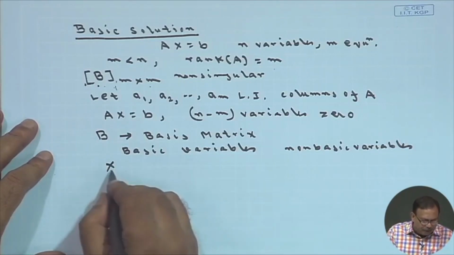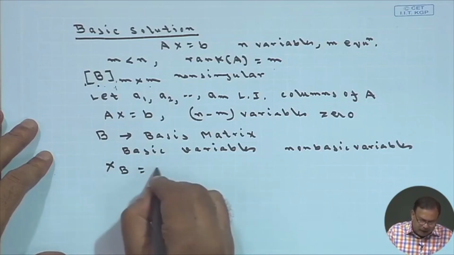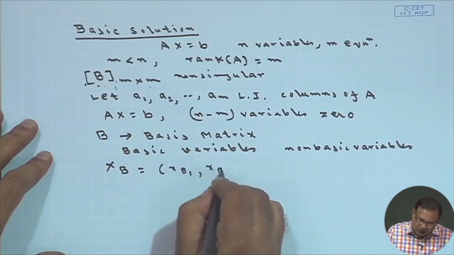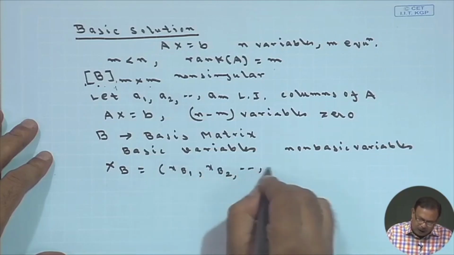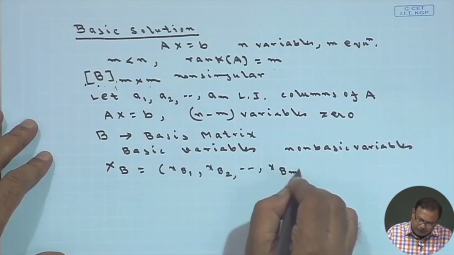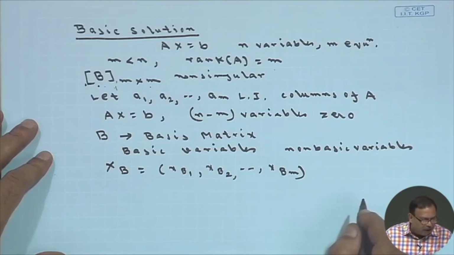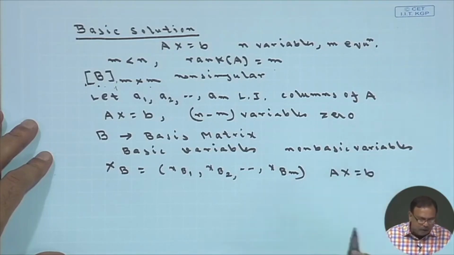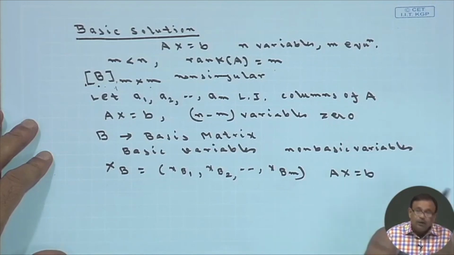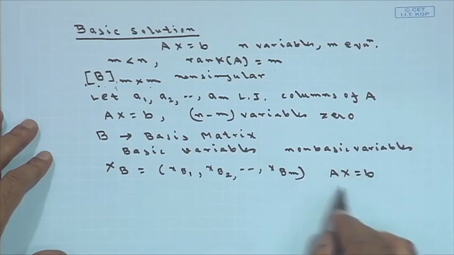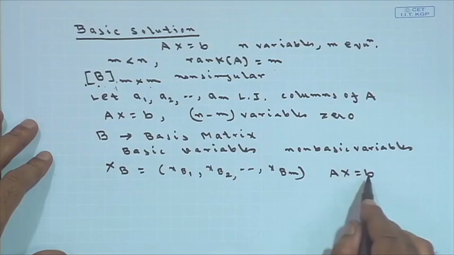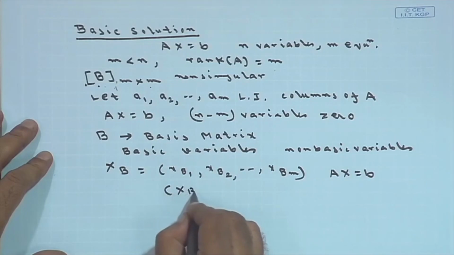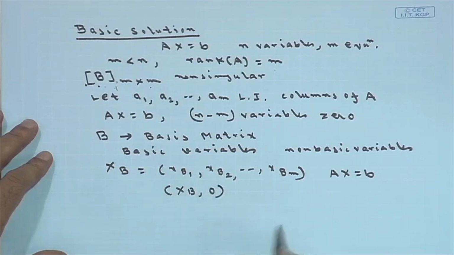So basically I can say that x_B equals x_B1, x_B2, and so on up to x_Bm. These are the basic variables of the system Ax equals b, and the solution can be achieved from here. The solution you obtain for Ax equals b will be (x_B, 0).